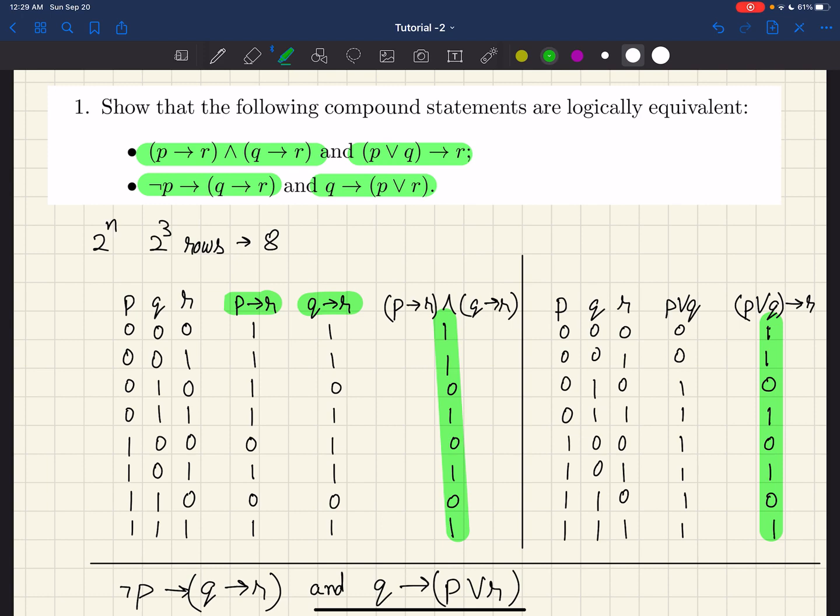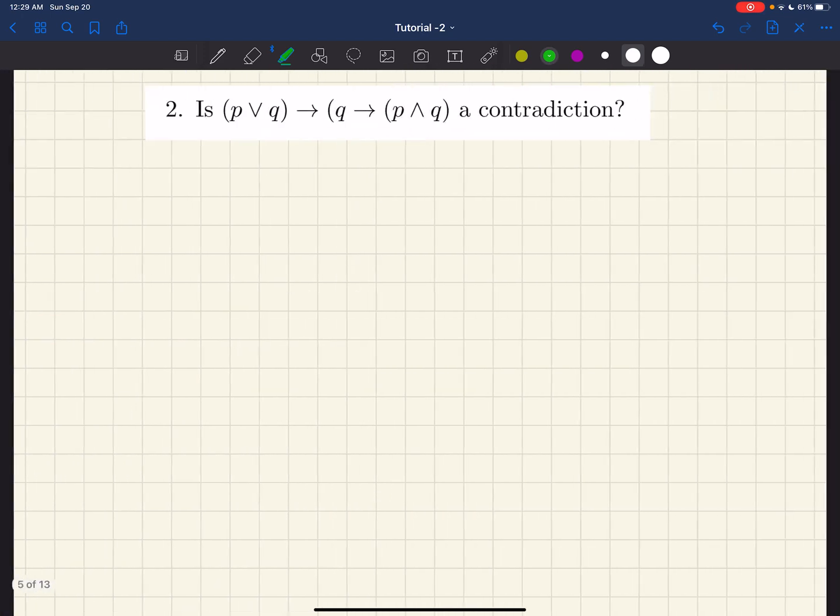So this was our first question. Moving on to the second. We are given that (P or Q) implies (Q implies (Q and P)). Is it a contradiction or not? To prove something as a contradiction, you can create its truth table.